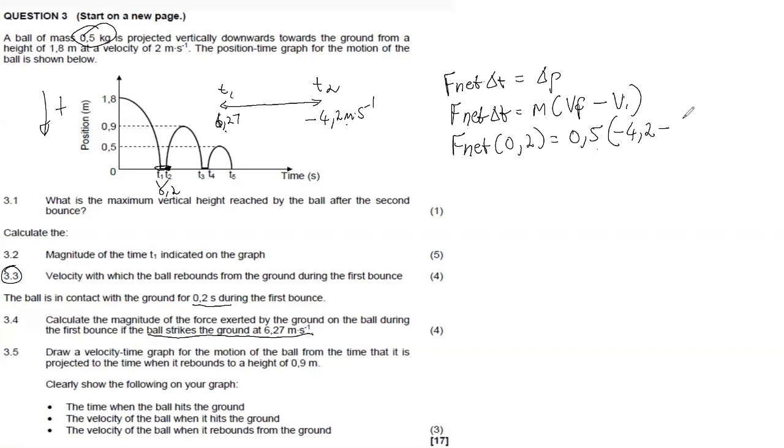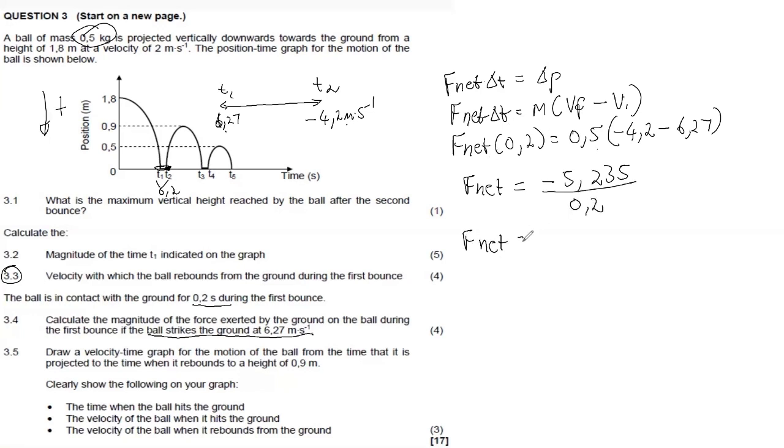So that is 6.27. So now to calculate our F net, we simply need to punch all this into our calculator. Then we find a value of negative 5.235, which we'll then need to divide by this 0.2 here to find the net force.